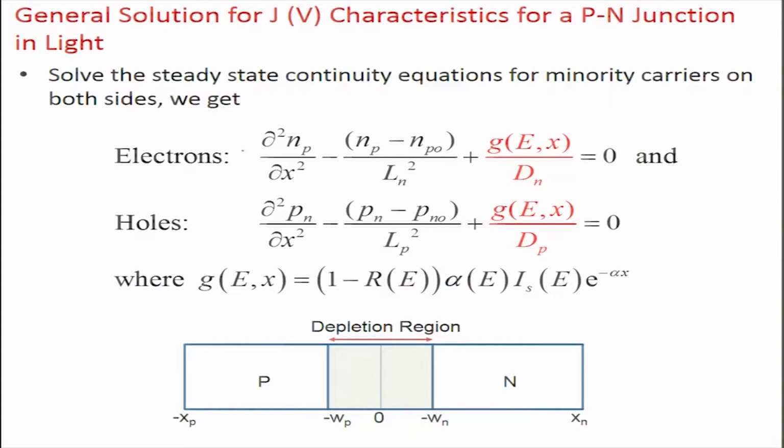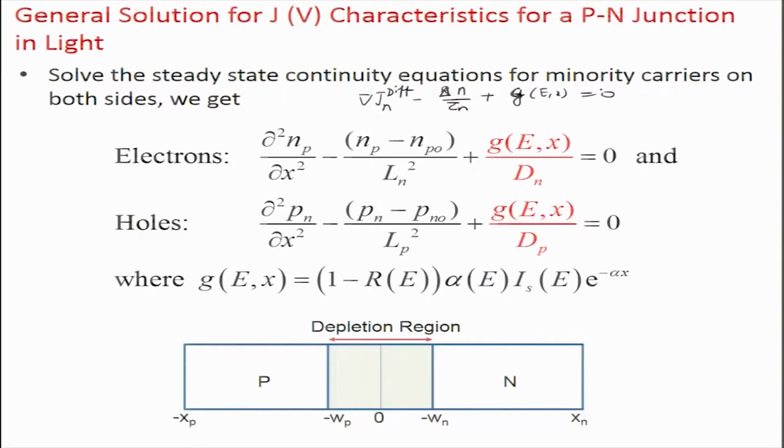Remember, we used to have D on this side, which we have brought here, because if you recall, what is this equation? This is basically del of J. In this case we are taking Jn diff, minus R, which is delta n divided by tau n, and now we have taken the generation term, small g.